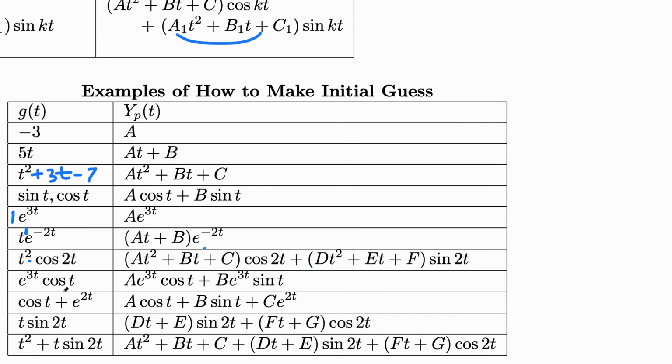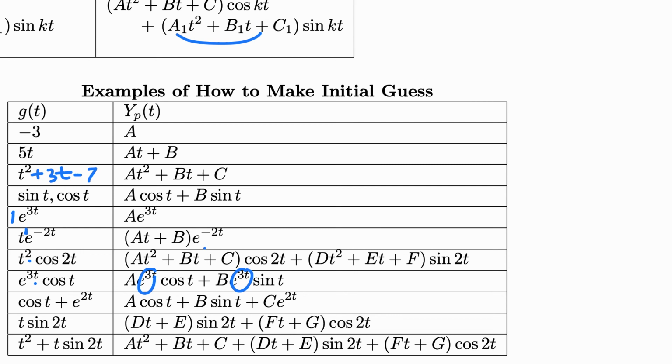And if we have, let's say, e to the t times cosine, here we've got degree 2 cosine, so generic degree 2 cosine. Here exponential times cosine. Due to this exponential, we have a e to the t, or this e to the t in both places. And for cosine, a cosine, b sine.